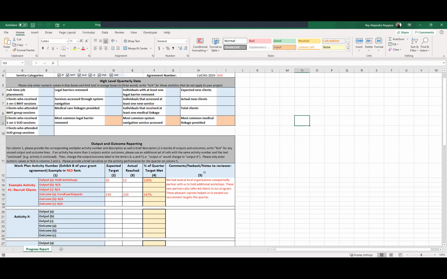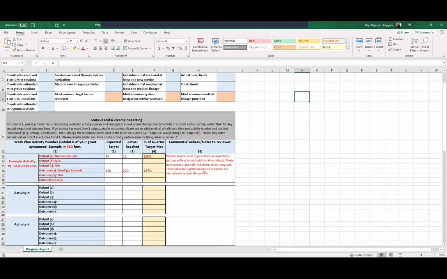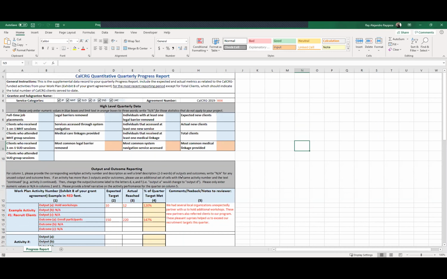We also thought that the last version did not allow for grantees with multiple outputs under one category to show their progress. So in order to make it a little bit more efficient and easier to understand, we redesigned it a little bit, but you will see that the idea basically remains the same.